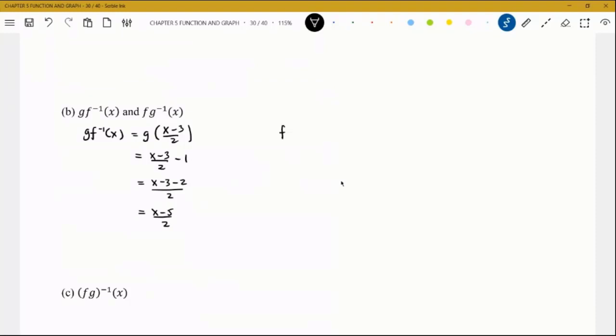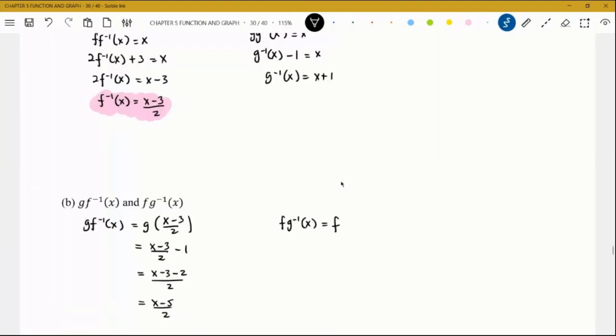Okay, and then for the FG inverse, we have to substitute your G inverse into the F. G inverse kita adalah yang ini. So F kita adalah 2X plus 3. So 2X plus 1 plus 3. So bring in 2 into the bracket.